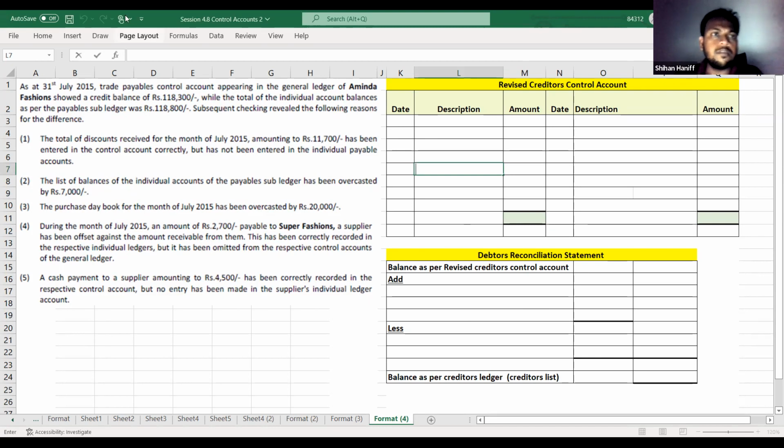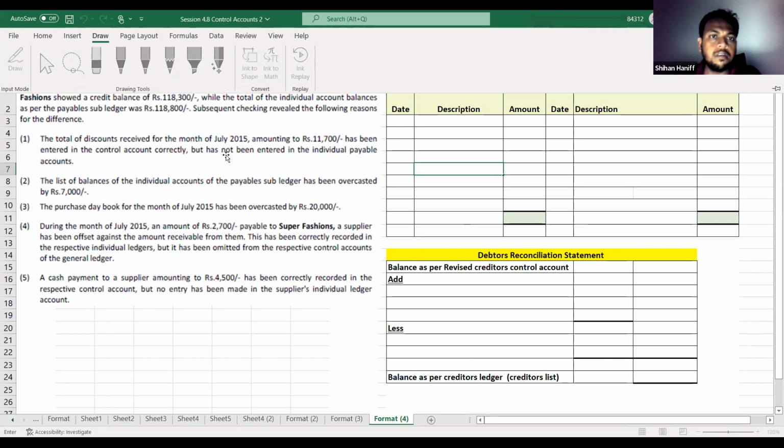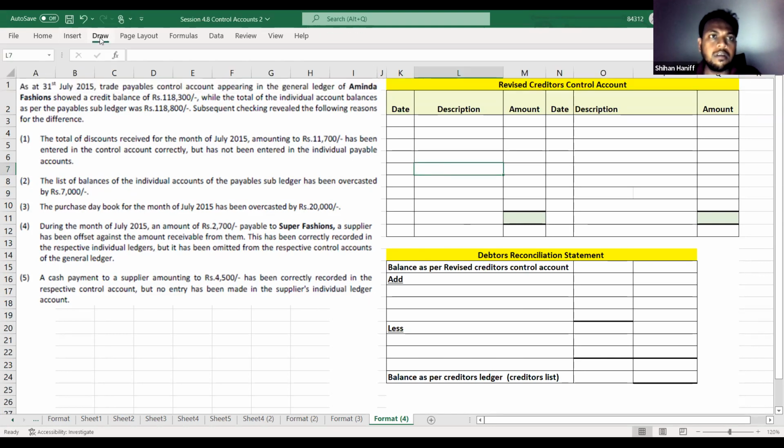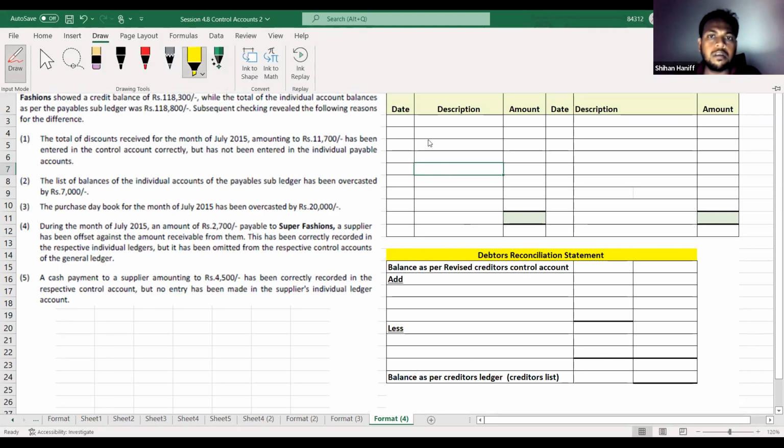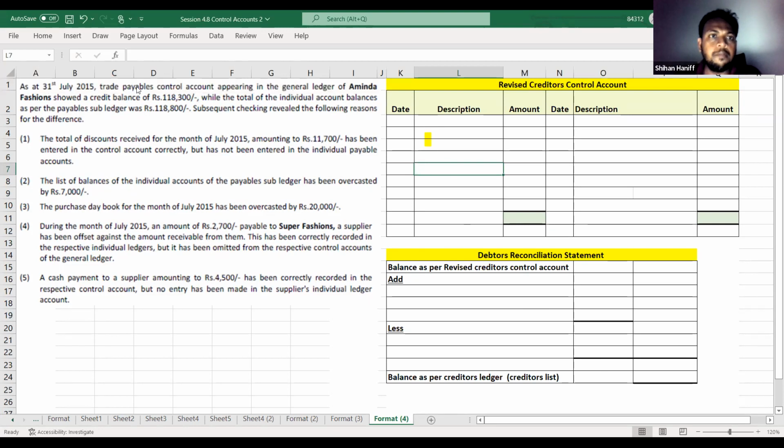As of 31st July 2015, the trade payables control account appearing in the general ledger of Aminda Fashions showed a credit balance of 118,300, while the total of individual account balances as per the payable subledger was 118,800. Subsequent checking revealed the following results.